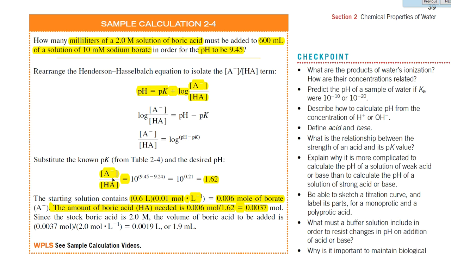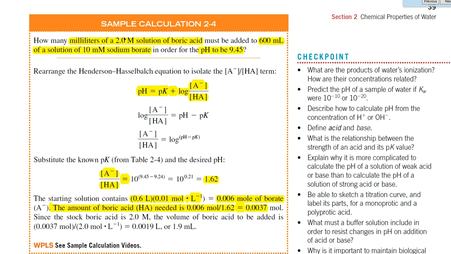So if we put the conjugate base as 0.006, we can find the value of HA by dividing 0.006 by 1.62. The 1.62 goes to the denominator, and we can find the value of boric acid, which is 0.0037.